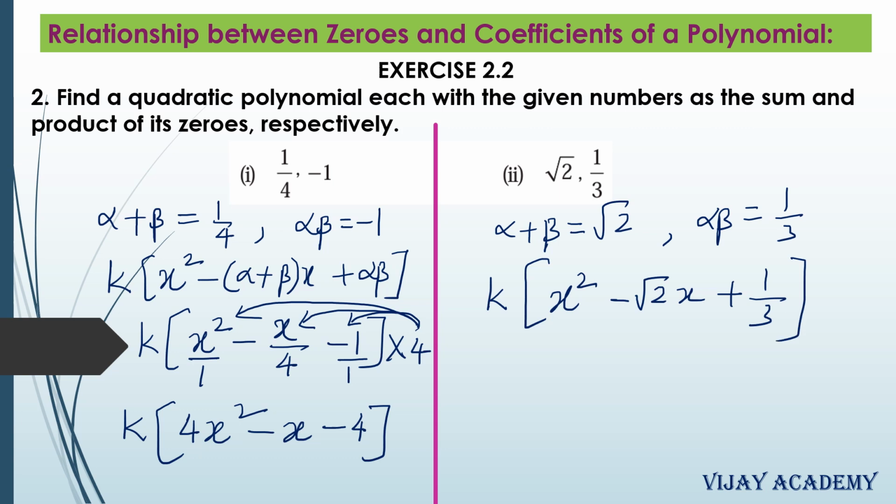So again, here we have a denominator. So multiply the whole polynomial by the LCM of the denominators. LCM of 1, 1 and 3 is 3. So multiplying this polynomial by 3, we get k times 3x square minus 3 root 2x plus 1.